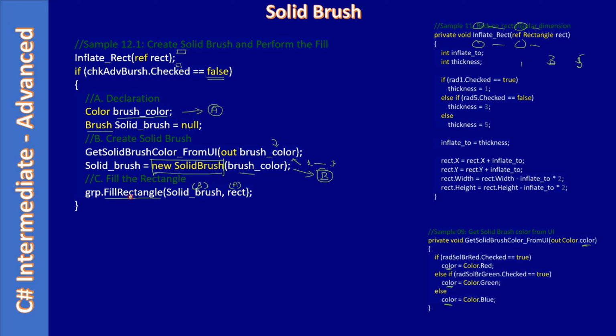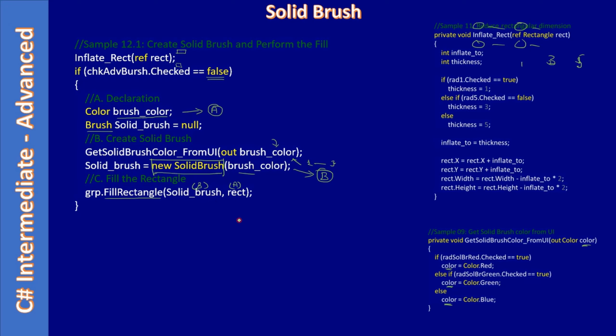So the fill rectangle performs the painting using this solid brush and paints the rectangle. Since it is a diminished rectangle, the paint won't disturb what is drawn by the pen. We will see that soon in the demo.